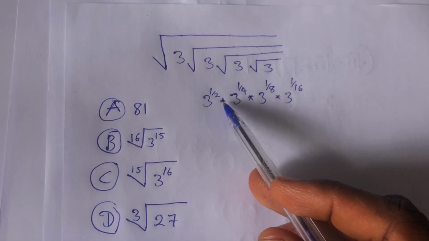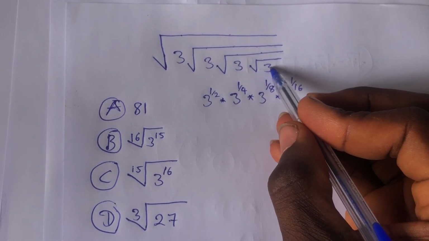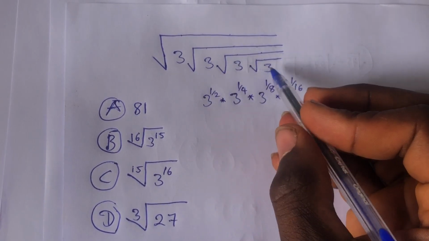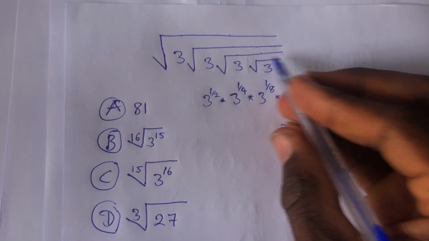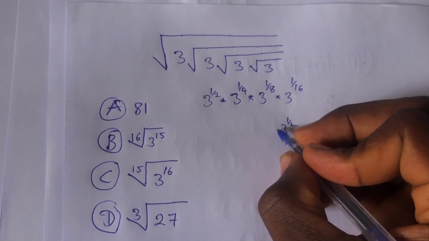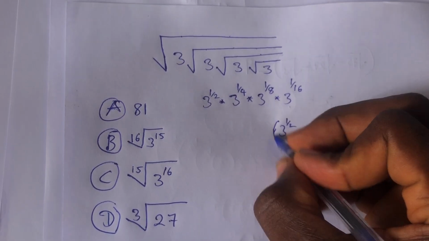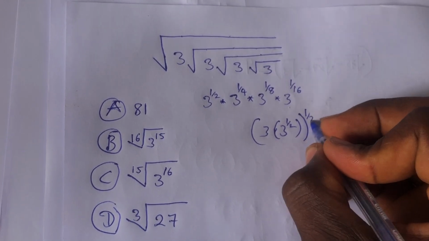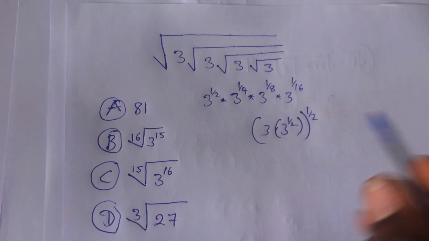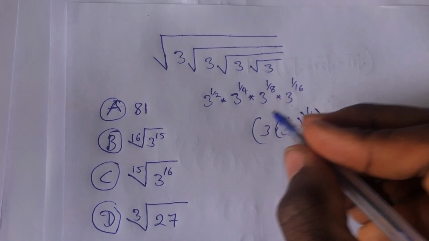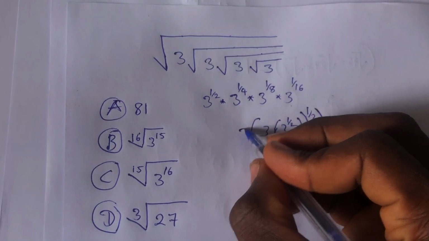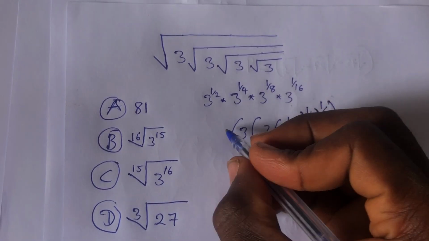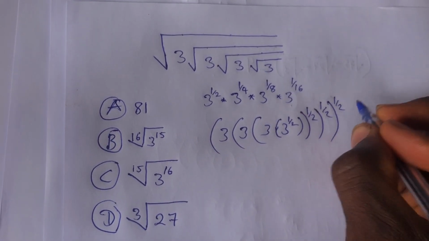So another method of getting this is by saying, okay, take here, using brackets to differentiate everything, 3 raised to power 1 over 2, multiply by 3 raised to power 1 over 2, multiply again by 3 raised to power 1 over 2, multiply again by 3 raised to power 1 over 2.